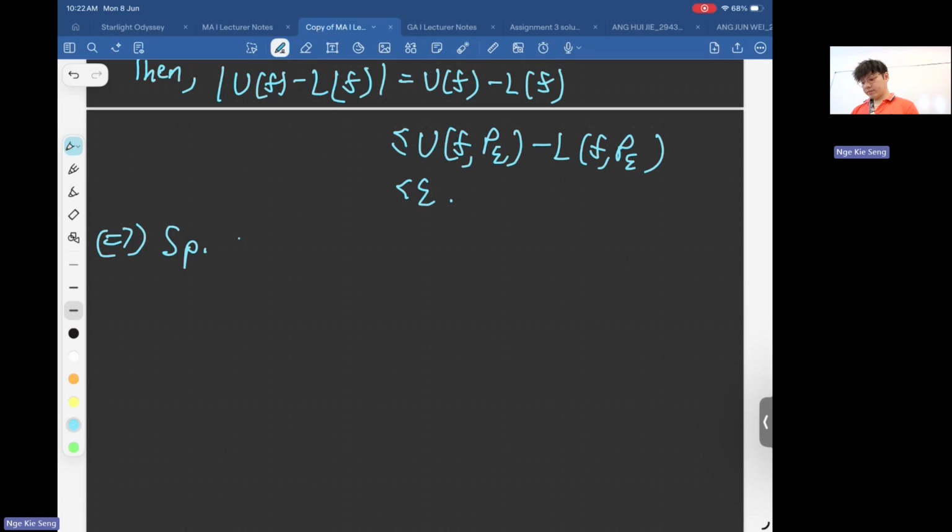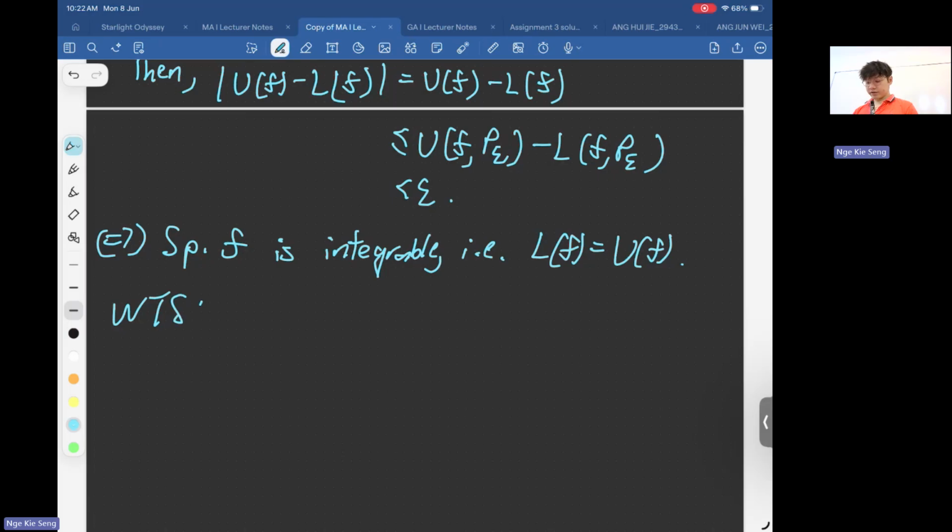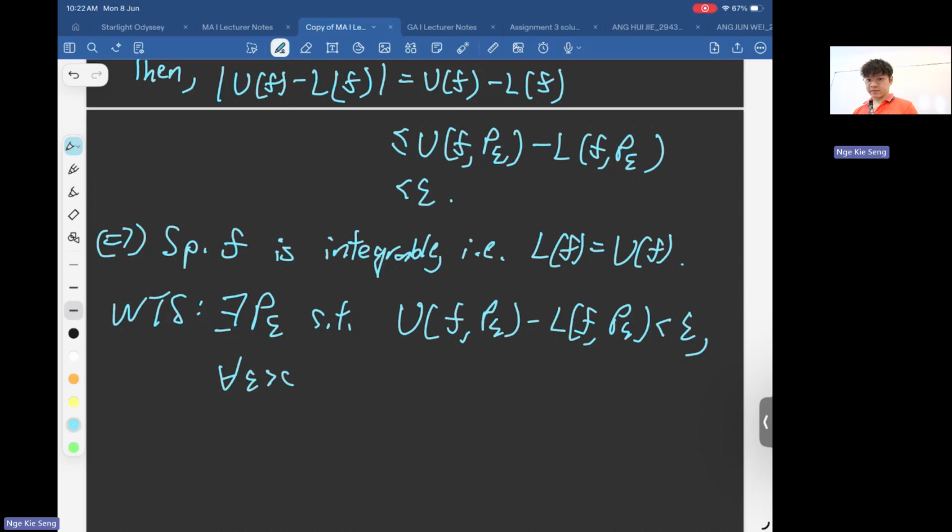So for this direction, we'll assume f is integrable first. So that is LF equals UF. What do we want to show? We want to show that there exists a P epsilon such that UF(P epsilon) minus LF(P epsilon) is less than epsilon, for all epsilon values.